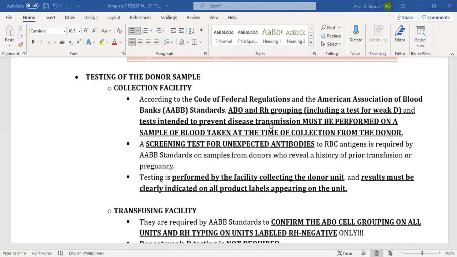Number 2, hepatitis C virus or your HCV. Number 3, your human immunodeficiency virus or your HIV. Number 4, malaria. And number 5, syphilis. Okay, yun yung mga tinetest pa sa dugo ni donor. HBV, HCV, HIV, malaria, and syphilis.